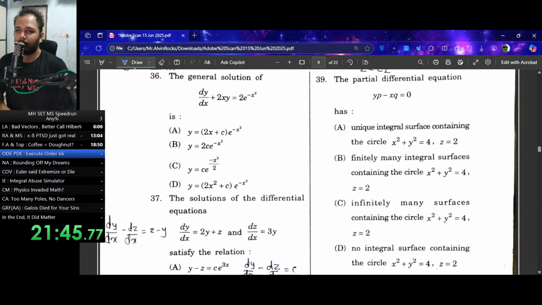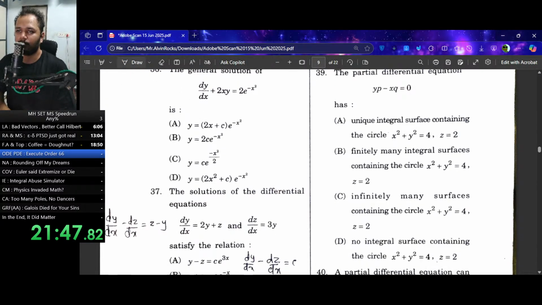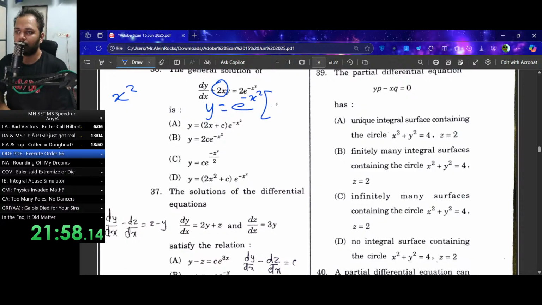Fine, extremely easy. Already we have done this, so y is equal to, the integrating factor will be exponential minus x square. The integration of 2x times the integrating factor is exponential x square, so the exponential x square will get cancelled.